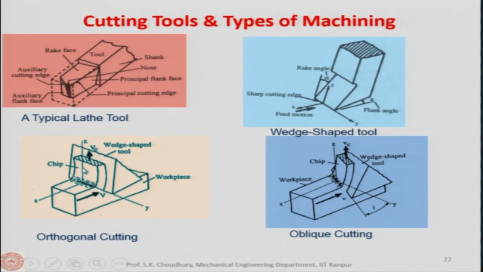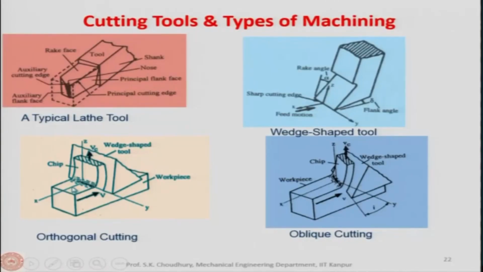All right. There will be no inclination of the chip from the z axis, because the cutting edge is exactly perpendicular to the cutting velocity vector. So, when this condition is satisfied, in that case we can call that an orthogonal cutting.